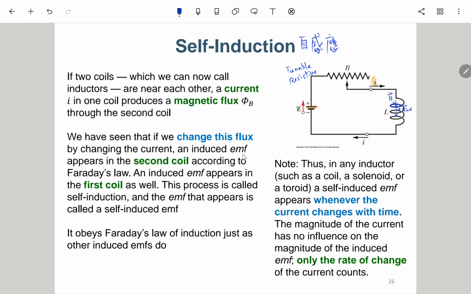So we have seen that if we change this flux by changing the current, an induced EMF appears in the second coil according to Faraday's law. The induced EMF appears in the first coil as well.